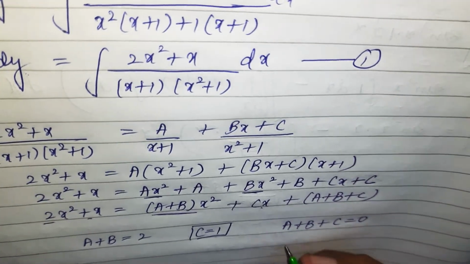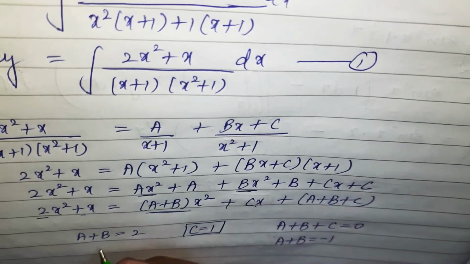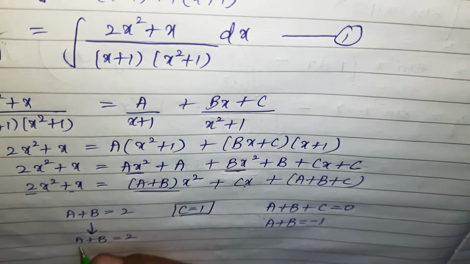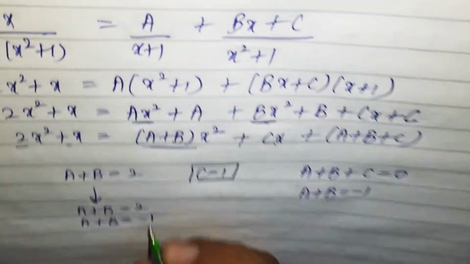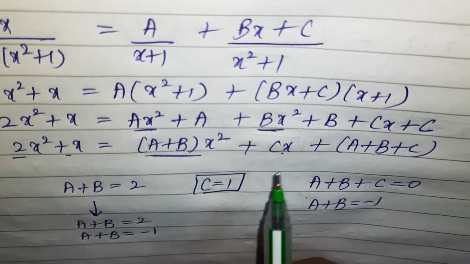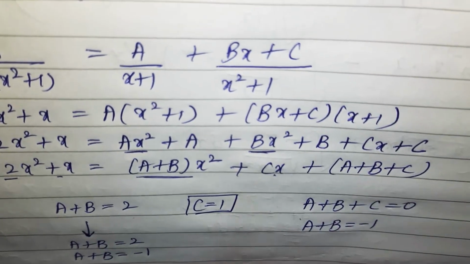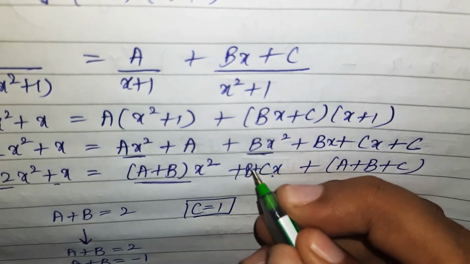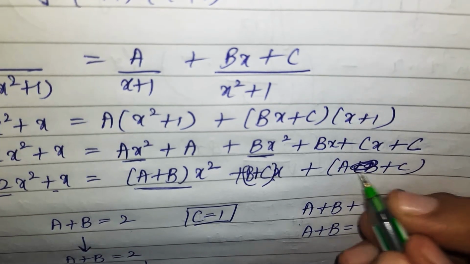Just wait a while, this is bx, not bx square. Grouping the terms, the coefficient of x is b plus c, and the constant term is a plus c.